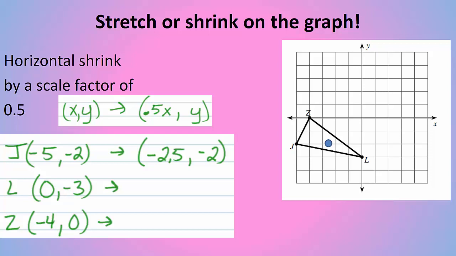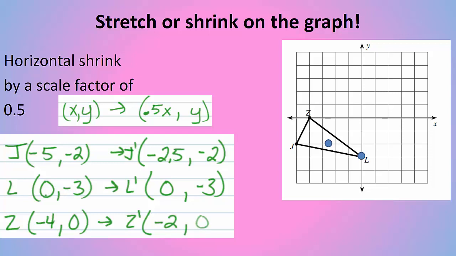Next, L. We plug in our x value. 0 times 0.5 gives me 0. -3 gets plugged in for y, -3. And so we see no change in L. Z. We plug in our -4. -4 times 0.5 gives me -2.